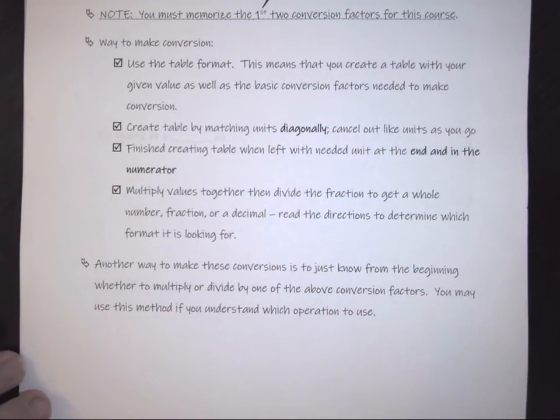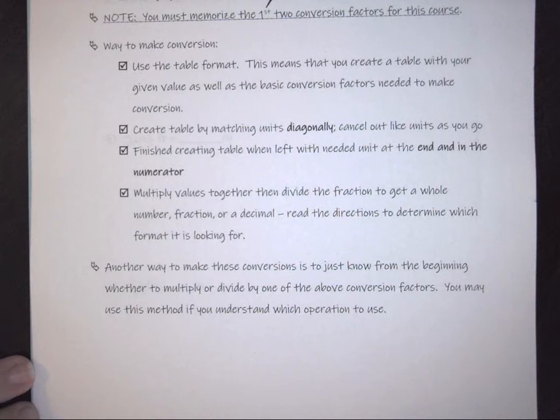Now, in order to make a conversion, there's a few ways that you can approach it. First is you can do what's called the table format. It means you're creating a table with your values, and then essentially you are multiplying everything straight across the top and then straight across the bottom and reducing your fractions.